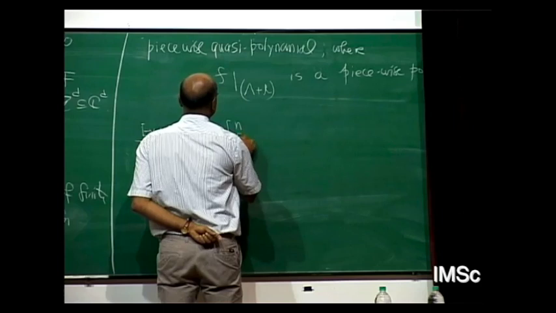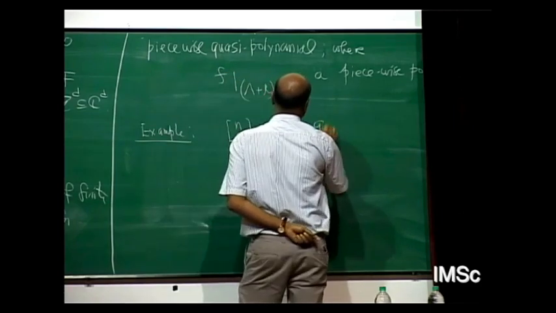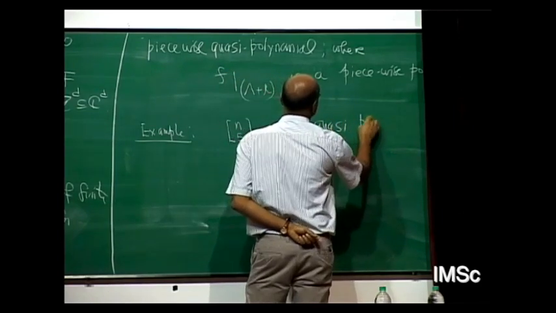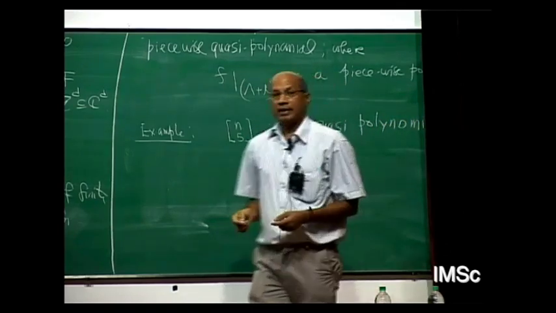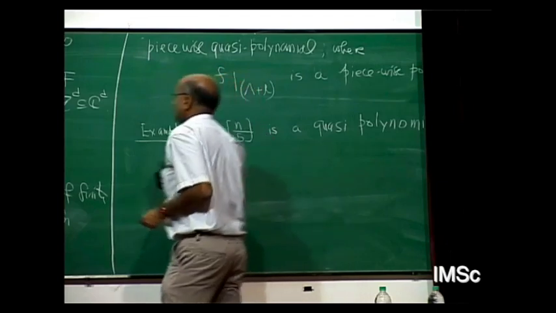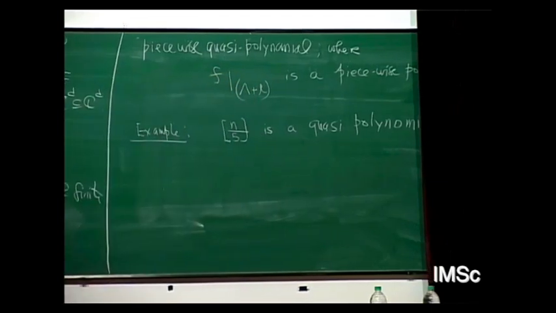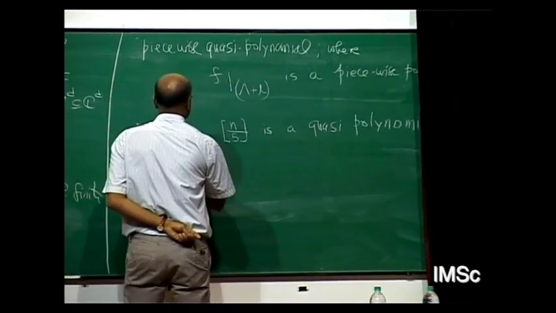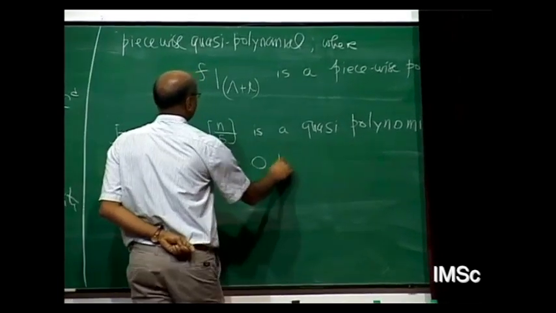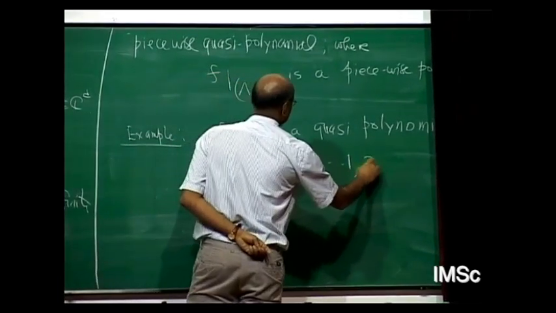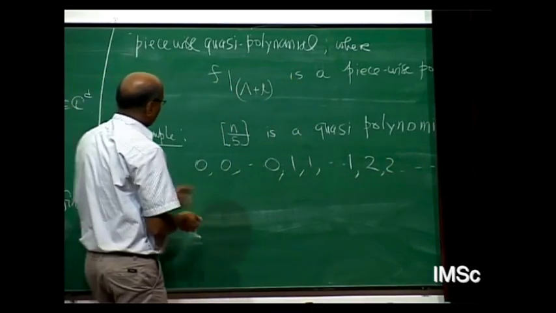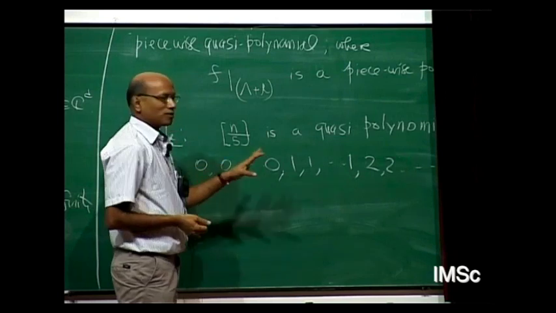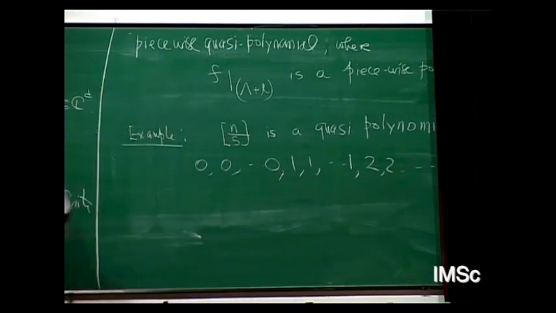The integral part of n by 5 is a quasi polynomial. It is not a polynomial because the integral part takes values 1, 0, 0, 0, then 1, 1, 1, and then 2, 2, 2, and so on. And what one will say is that there is a congruence mod 5. If you restrict to that, then it is a polynomial.